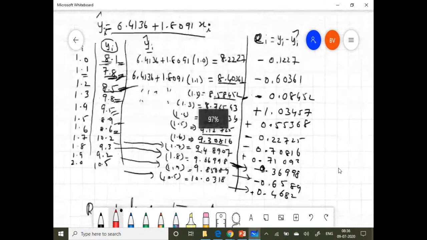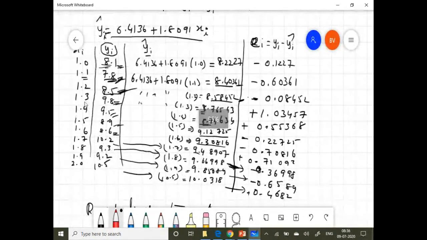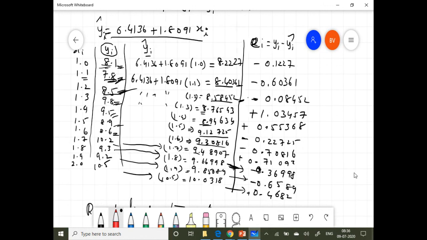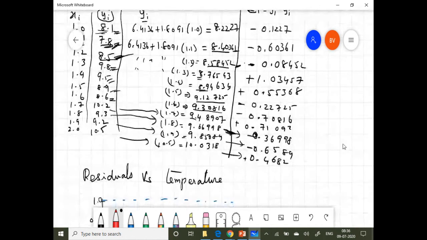Fine. Now, the third one, we have to fill in 11 elements. Third one, 1.2. When x is 1.2, it is negative 0.8. Negative and close to 0, very close to 0, isn't it?